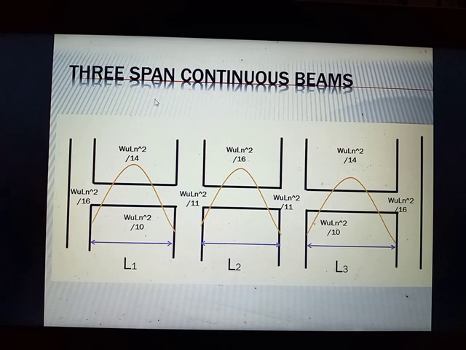So we all know, because this is the exterior span or the end span, at the end span the positive moments are WLN squared over 14 respectively. And at the middle of the interior span, we use WLN squared over 16.